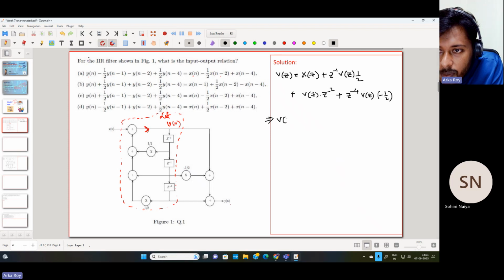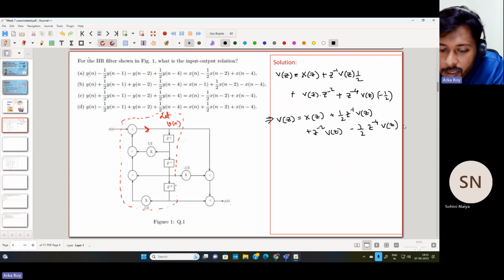So I can write it as V(z) is equal to X(z) plus half z inverse V(z) plus z to the power -2 V(z) minus half z to the power -4 V(z).